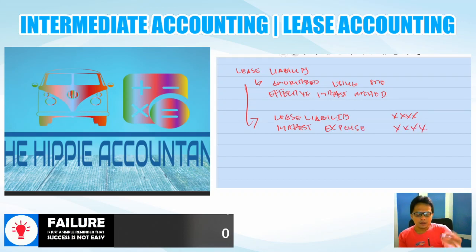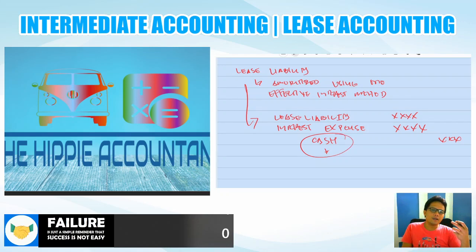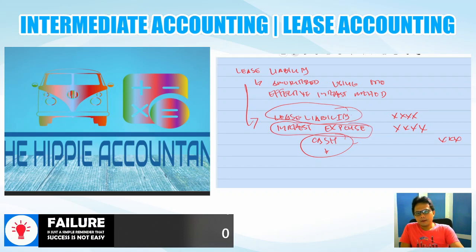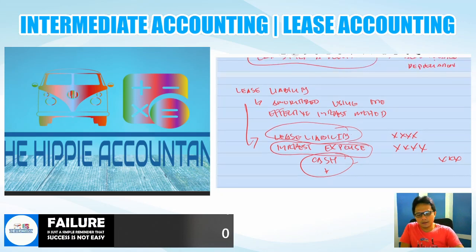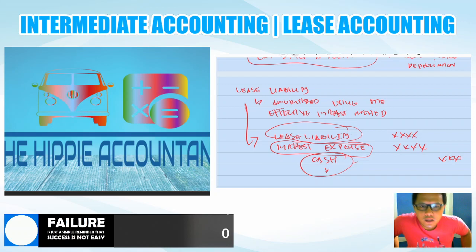The credit would be to cash, obviously, which applies to your agreed rental payment. So, pag sa agreement, 500,000, itong cash, yung credit mo, 500,000. Out of that 500,000, meron talaga dyan that would pertain to the principal that will be deducted to the carrying amount of the lease liability. And there is also a portion of that for your interest expense. So that is how we recognize the lease liability.